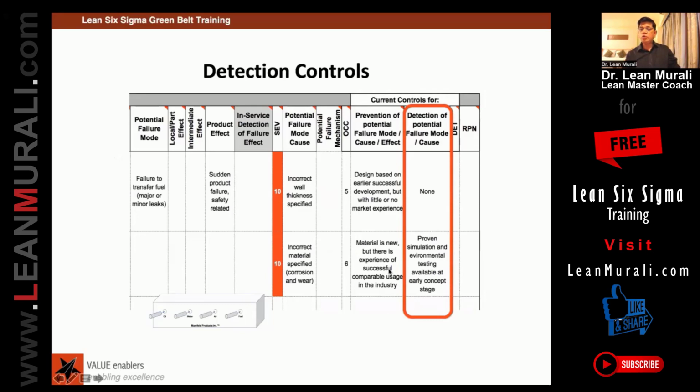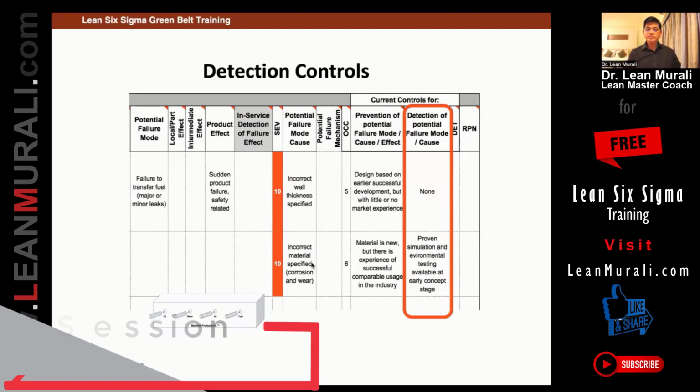While it is saying that the material is new but there is experience of successful comparable usage in the industry, the detection is also simulation and environmental testing done at an early concept stage, and hence it is a detection control. So in a particular case, you can have both detection control as well as preventive control.